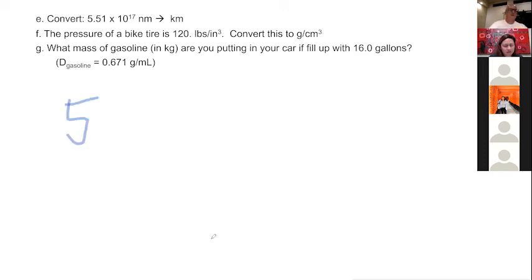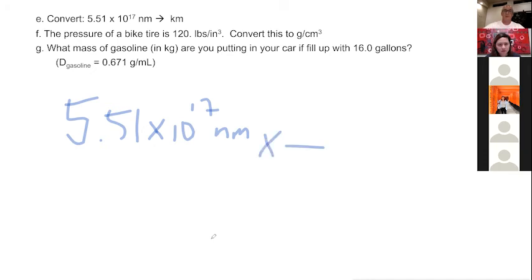So we have 5.51 times 10 to the 17th nanometers. Now, the way I like to approach this, instead of going right from nanometers to kilometers, because it's really easy to make a mistake there, is go to meters. So I want to get rid of my nanometers and replace it with meters. So how many nanometers are there in a meter? Is 1 meter equivalent to 1 times 10 to the -9 nanometers?